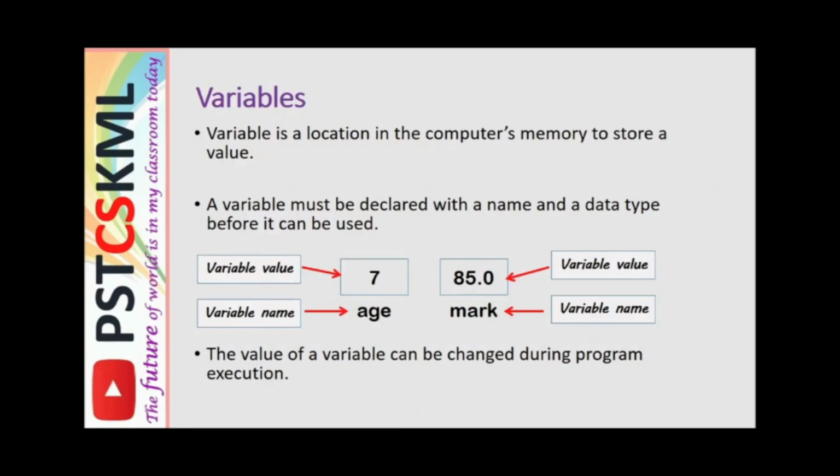The value we put on the variable age is 7. Mark is the variable name, and we put the value 85.0 on this variable. The value of a variable can be changed during execution.